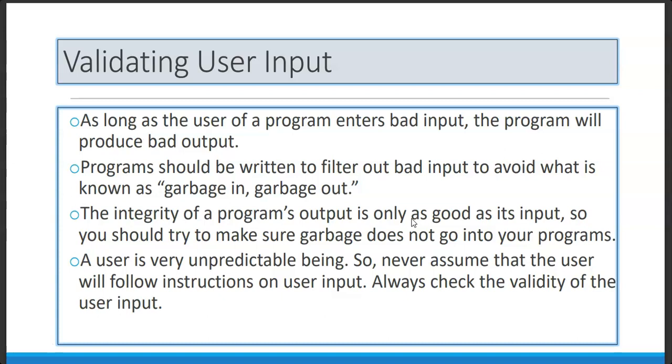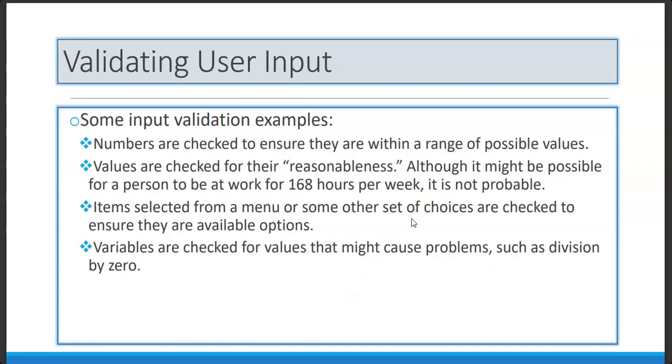So we cannot control the user. The user will be there with the system entering whatever she wishes to enter. And if that happens, what should we do? We need to check if the information that is entered is correct. So mostly we use if statements to filter user input. If we are asking you to enter, for example, a PIN, we need to check that the PIN you are entering is correct. So we are validating user input.